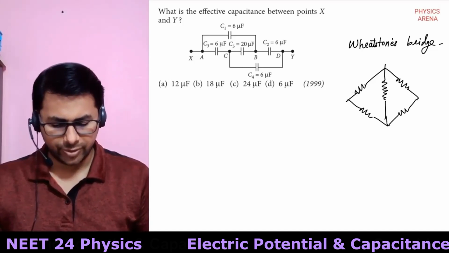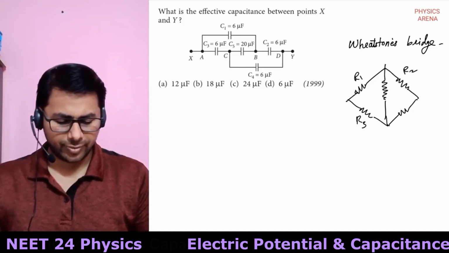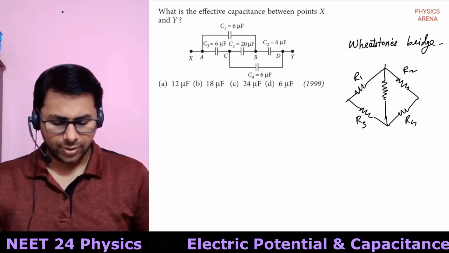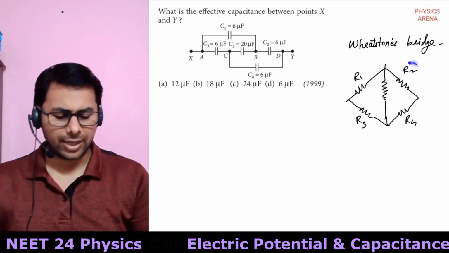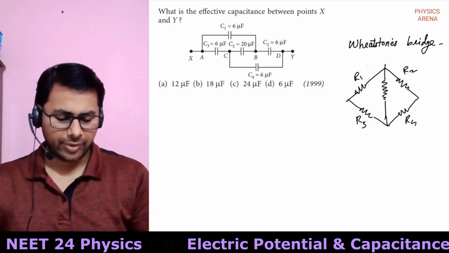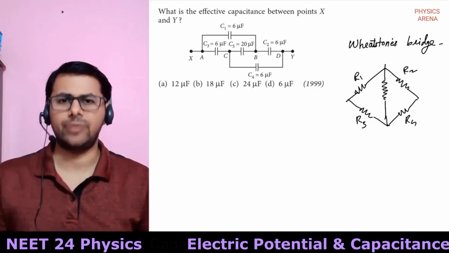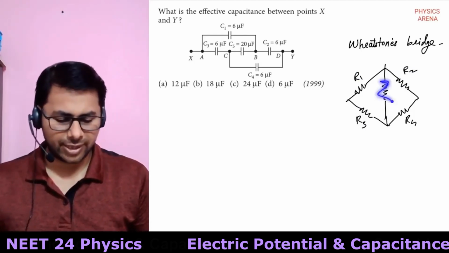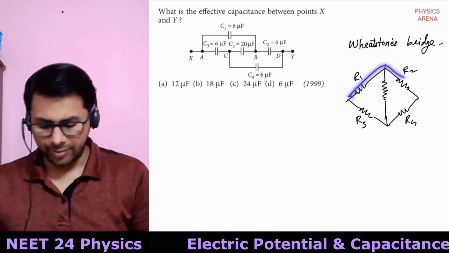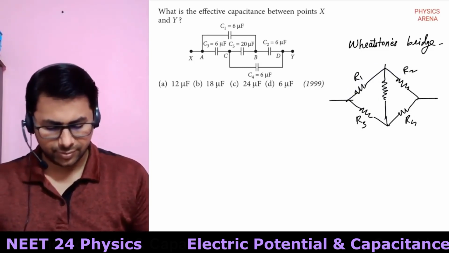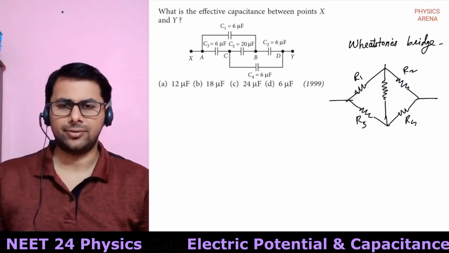There are resistors R1, R2, R3, R4. If R1 by R3 is equal to R2 by R4, or R1 by R2 is equal to R3 by R4, then this branch is ineffective. So these two will be in parallel, and these two will be in parallel. Got it?